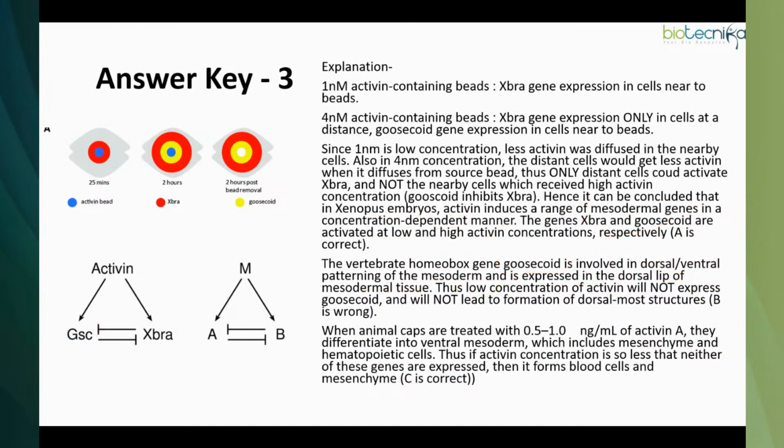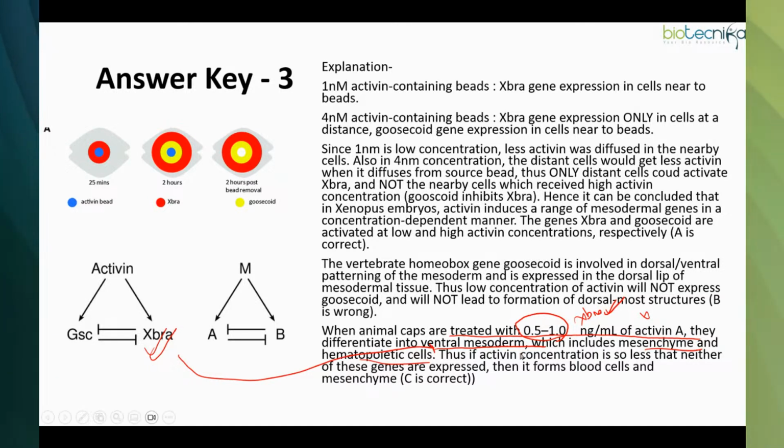Now coming to option C, when animal caps are treated with this much of activin, they differentiate into ventral mesoderm. So this is lower concentration where XBRA gene will be triggered, but not goosecoid. So at lower concentration when XBRA is there, that will trigger the formation of ventral mesoderm, which includes mesenchyme, hematopoietic cells.